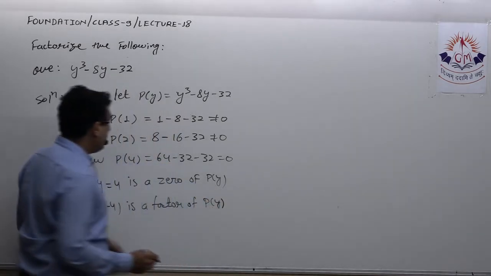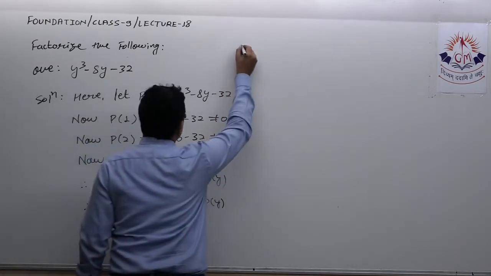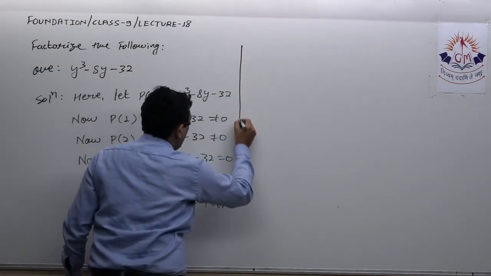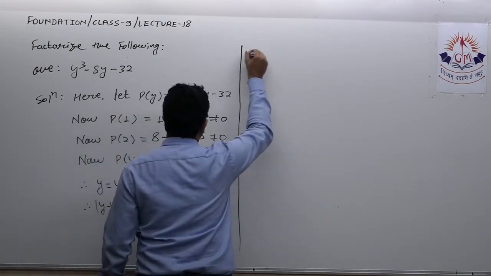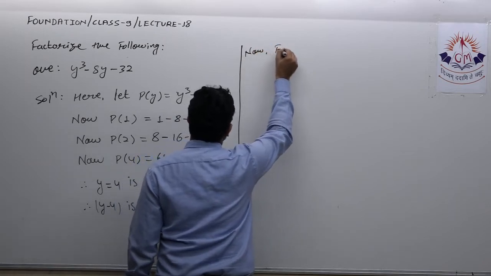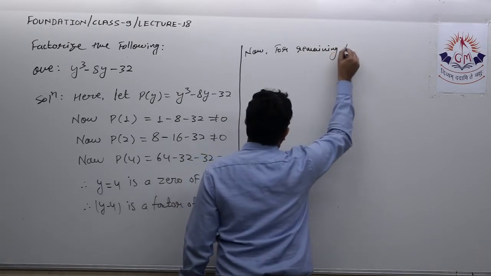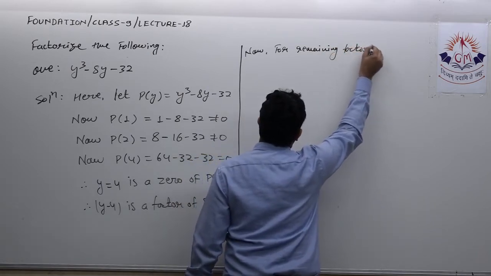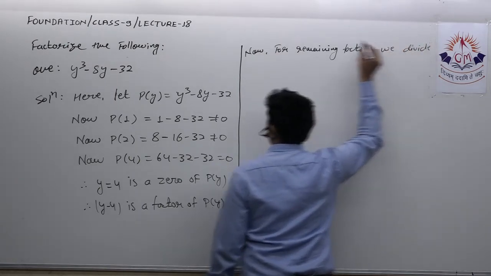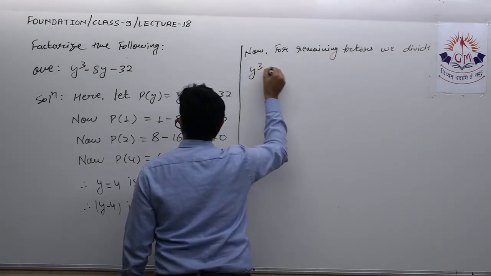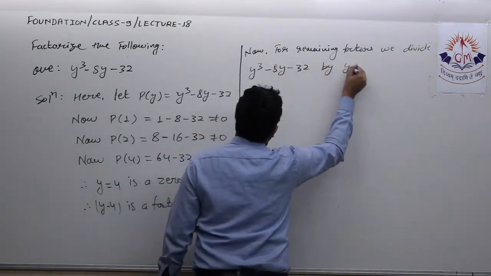Now using the long division method we'll find the remaining two factors, or we'll find the quotient. So for the remaining factors, we divide y cube minus 8y minus 32 by y minus 4.